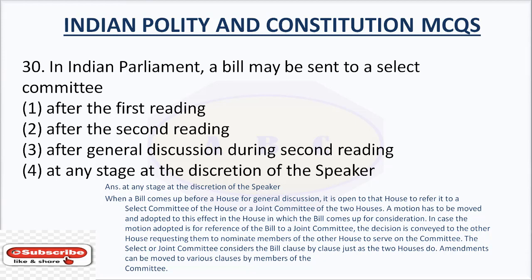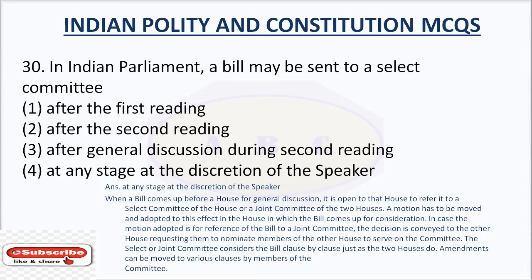When a bill comes up before a house for general discussion, it is open to that house to refer it to a select committee of the house or a joint committee of the two houses. A motion has to be moved and adopted to this effect in the house in which the bill comes up for consideration.